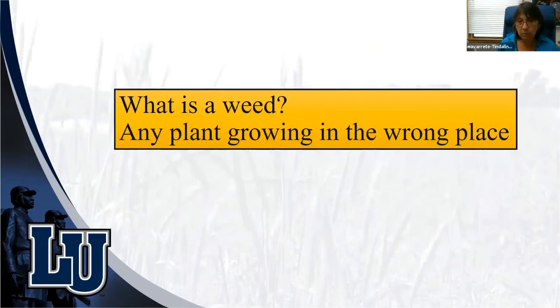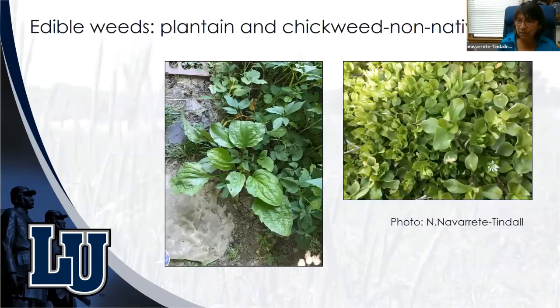So we're talking about weeds. What is a weed? There are many definitions, but I just like to say that it's any plant growing in the wrong place. Even as I mentioned, native plants can become weedy.